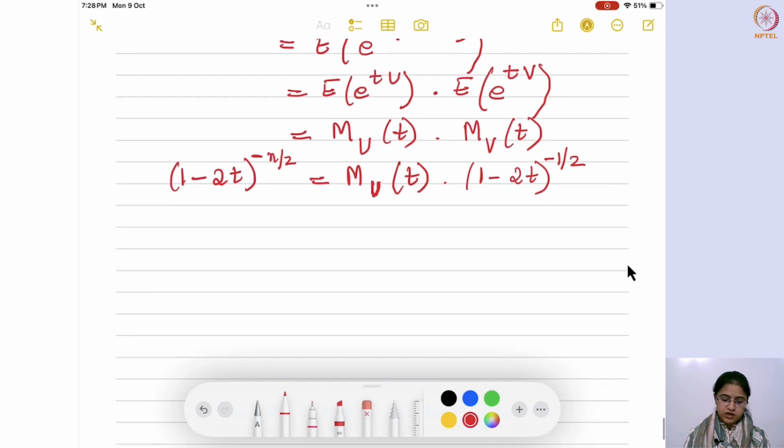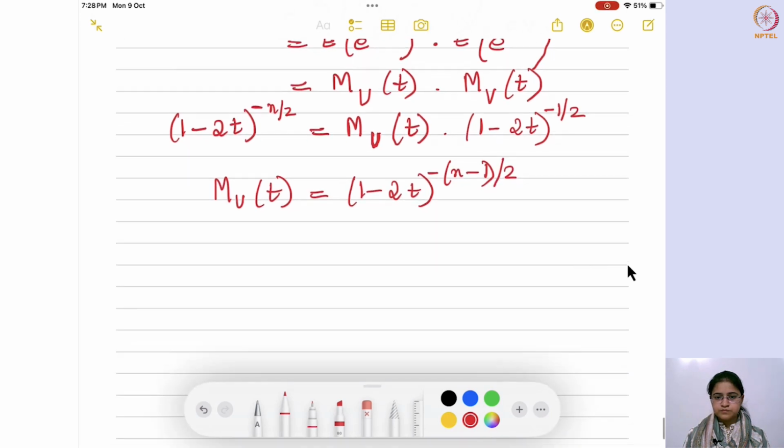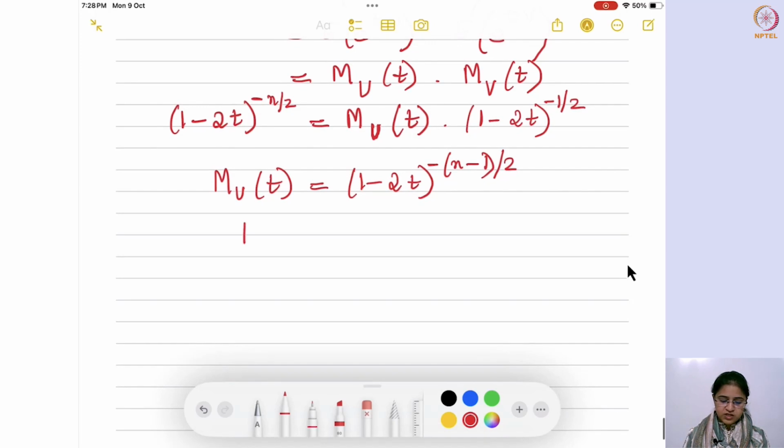So what will be the MGF of U? It would simply be (1 minus 2t) to the power minus (n minus 1) by 2, which shows that U follows chi square with n minus 1 degrees of freedom.